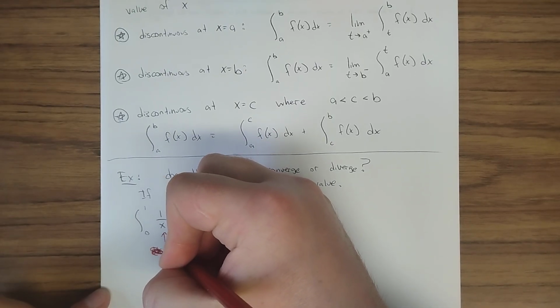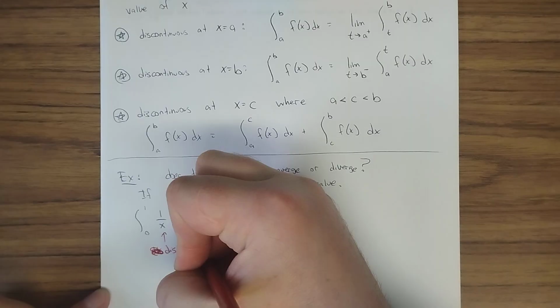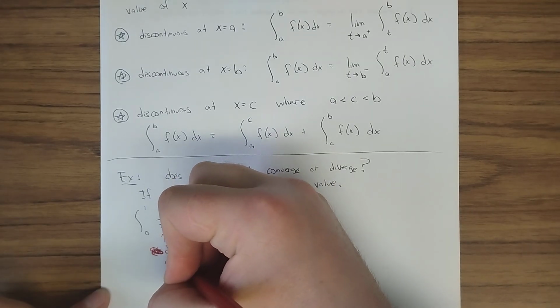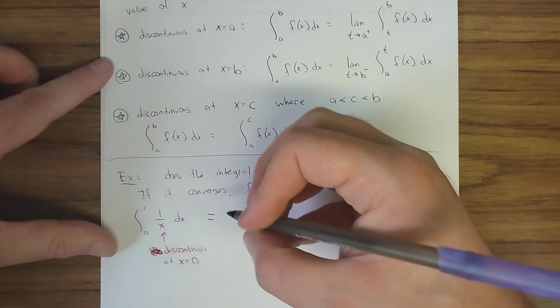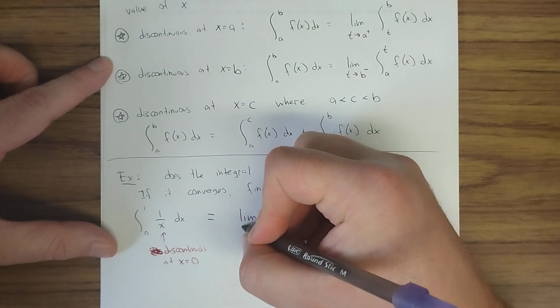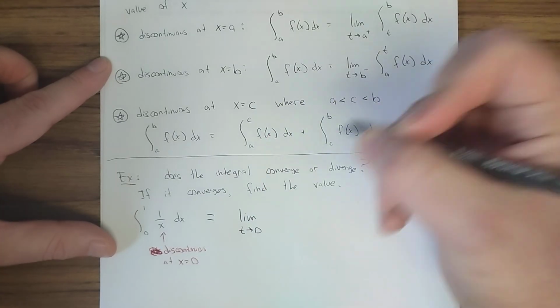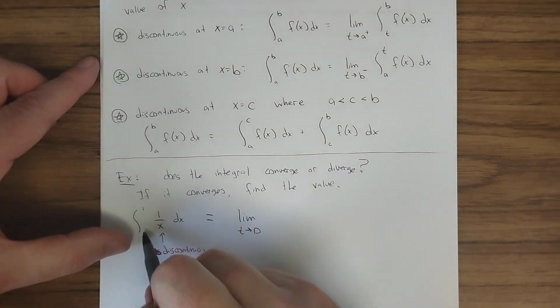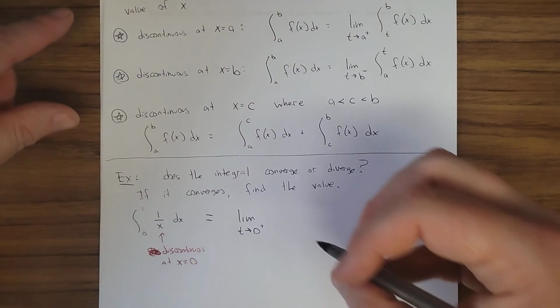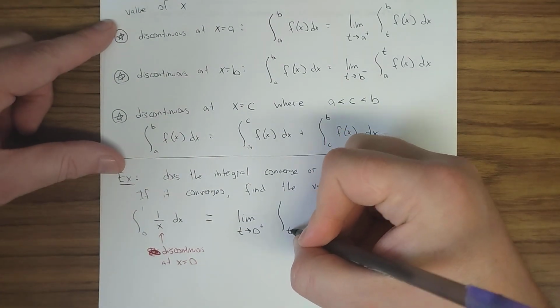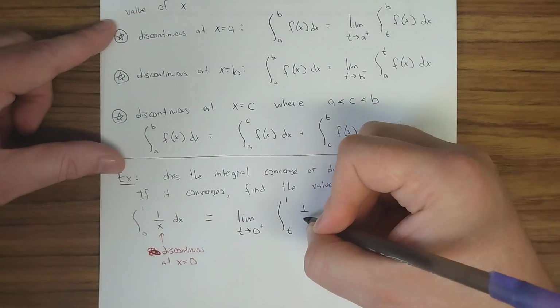So it's discontinuous when x is 0, and that is the left endpoint of our interval. So I'm going to do the limit as t goes to 0, and I'm going to stay in between 0 and 1, meaning I'm going to do the limit as t goes to 0 from the right, of the integral from t to 1.